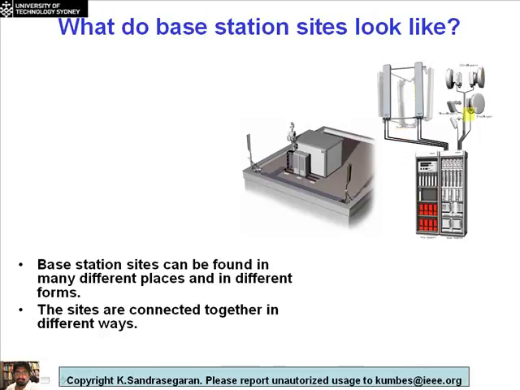And then there are also these point-to-point parabolic antennas, usually much smaller in size, that are used for communicating from the Node B to the RNC. Even the link between the Node B and the RNC could be a fiber link. It could also be a radio link.